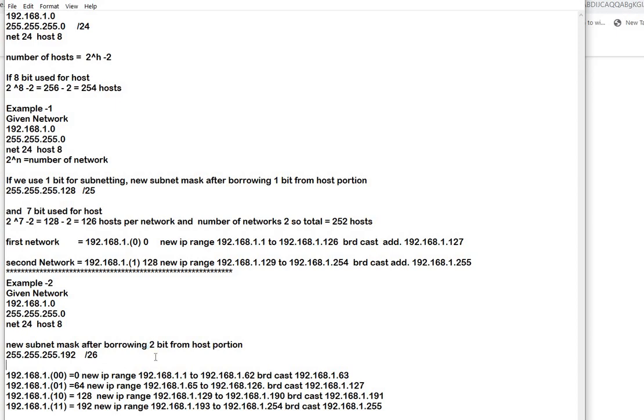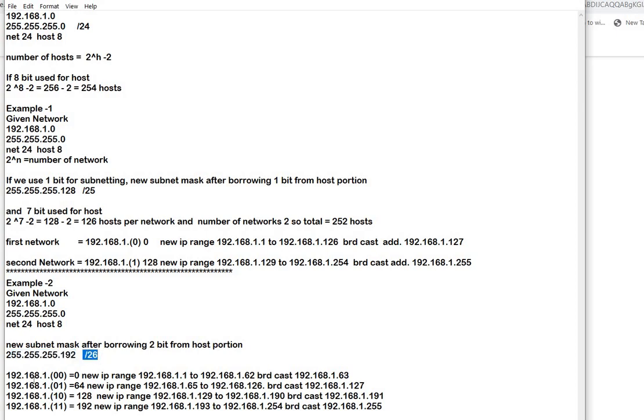After taking 2 bits from the host range for subnetting, it will become 1 1 then 6 zeros. So 1 1 means 128 plus 64 becomes 192. So 192 is the subnet mask, 255.255.255.192. It is also represented as /26.